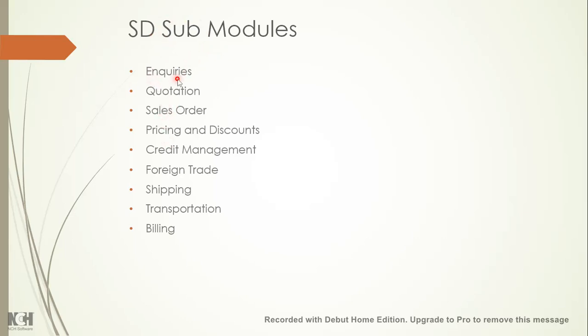Like inquiries. On the SAP SD side, the first thing it starts with is your inquiries. Customers will send you inquiries; they want to know something about your products. Then based on those inquiries, you submit your quotation. And once they confirm it, that gets converted to your sales order.